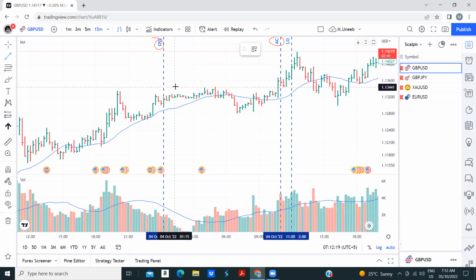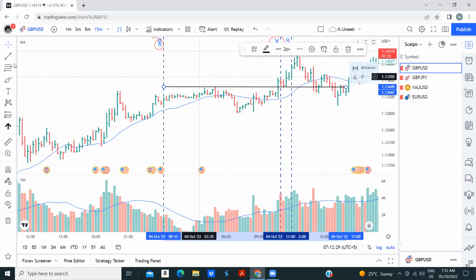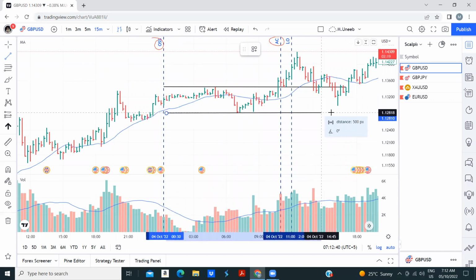I will mark it and extend it until the New York Open. And then I will also find the lowest swing low between OSS and AC, mark it and extend it until the New York Open.